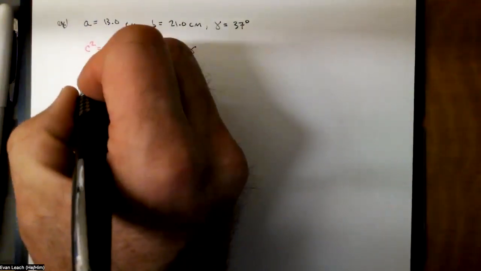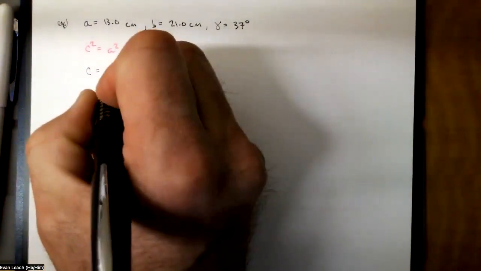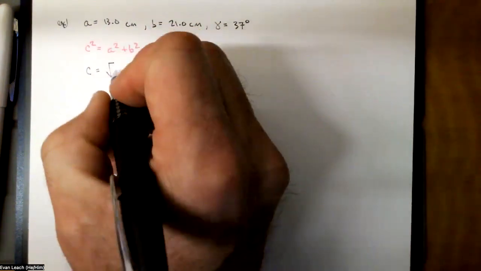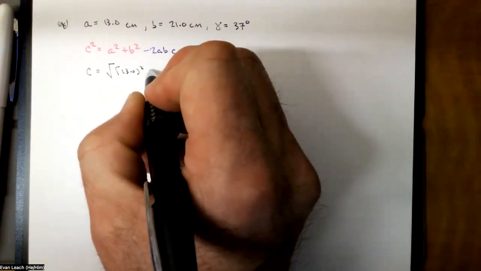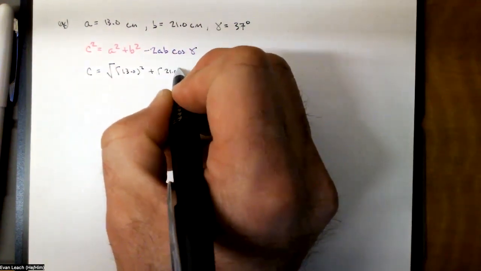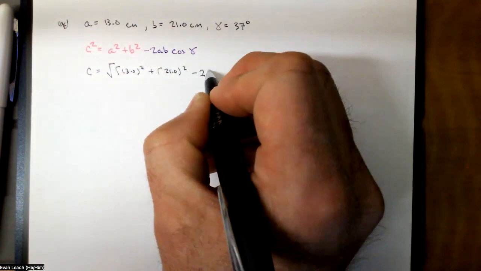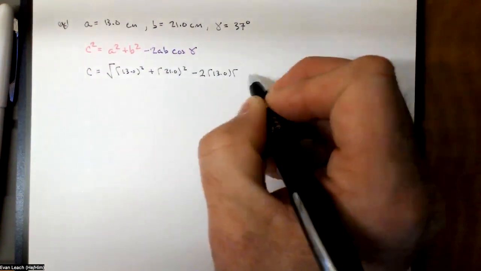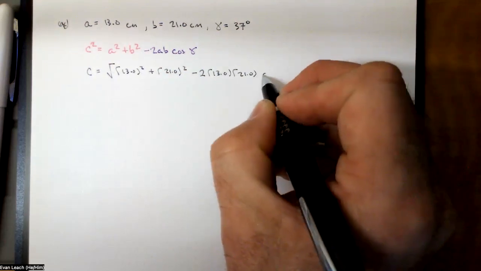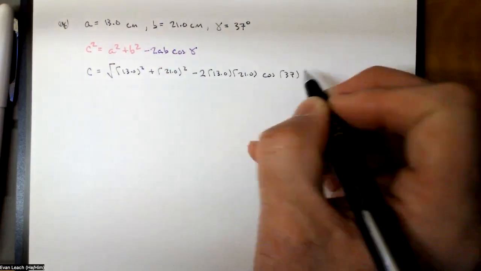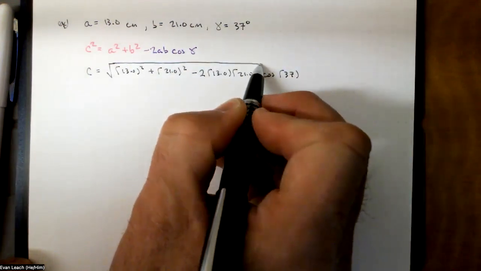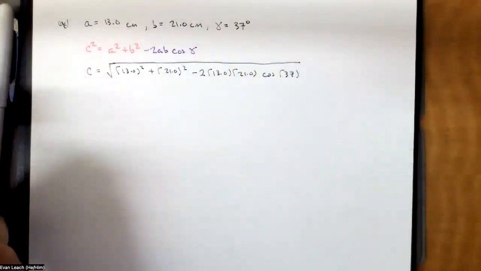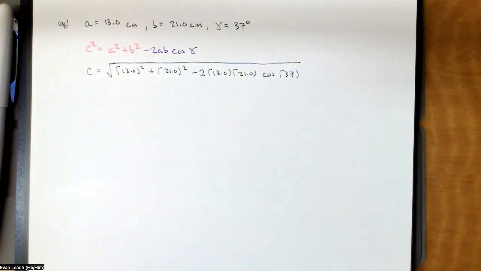So C will be the square root of A squared plus B squared, which is 21.0 squared, minus 2 times A times B times the cosine of 37. And then if I take the square root of all that, that will be C. So C squared is equal to that stuff. So C is the square root of that stuff.